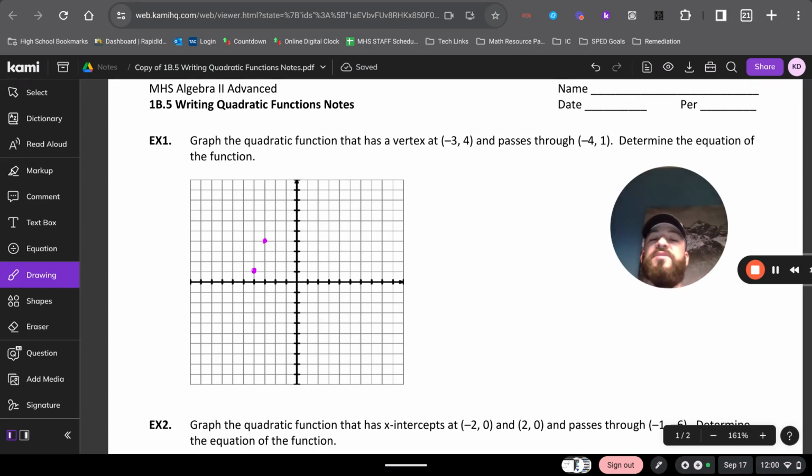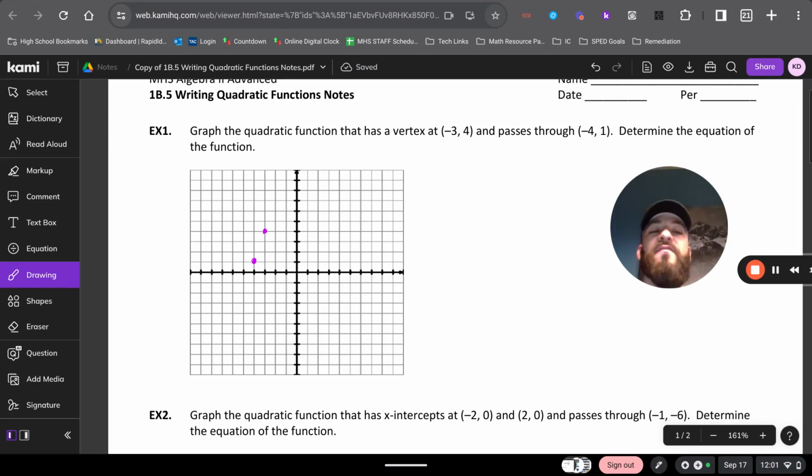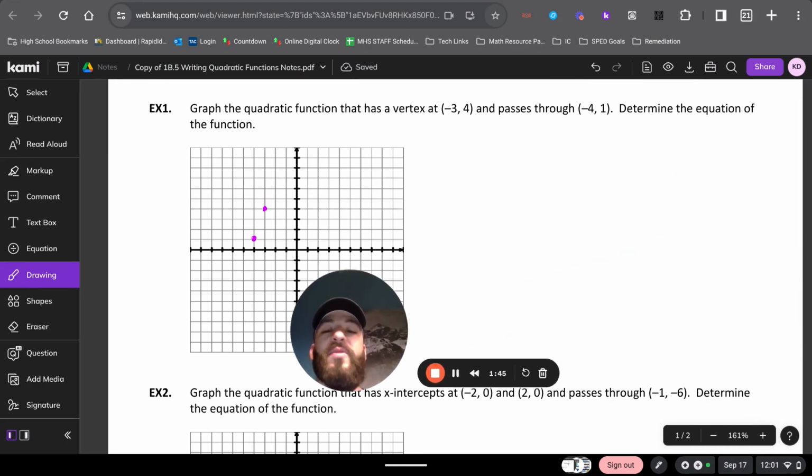Now, in terms of writing it, we want to use the information we have. So they have given us the vertex. So that means I already know my h and k, which means I already know 2 out of the 3 of my variables for my vertex form. So I'm going to go ahead and plug that -3 and 4 into our vertex form equation.